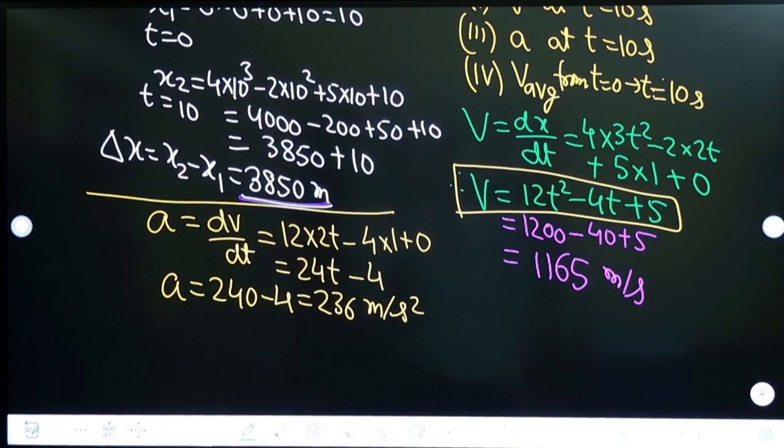How will you calculate average? Yes, Ritupurna, what is your answer?